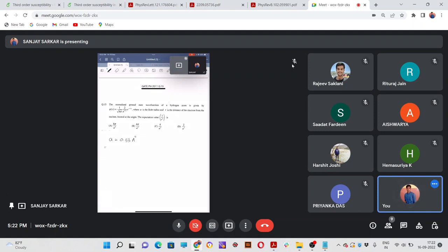So I think you should try it first and then I'll solve it. So let's try first. This is not difficult, you just need to find the expectation value of 1 by r square.